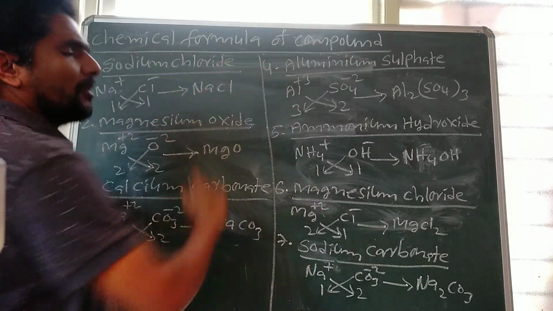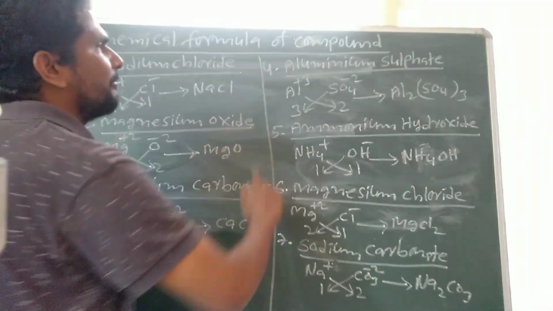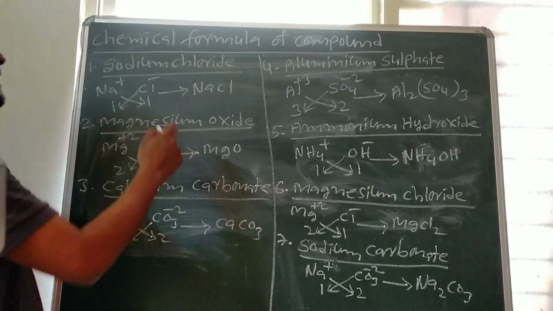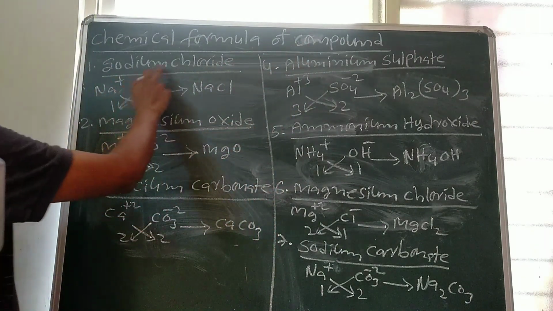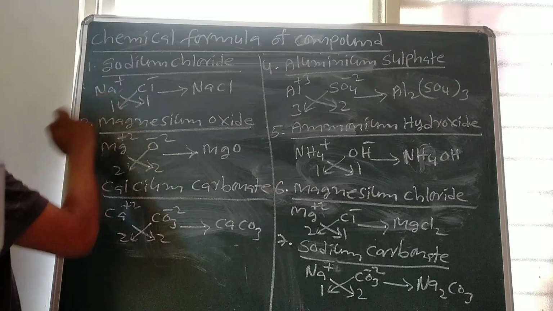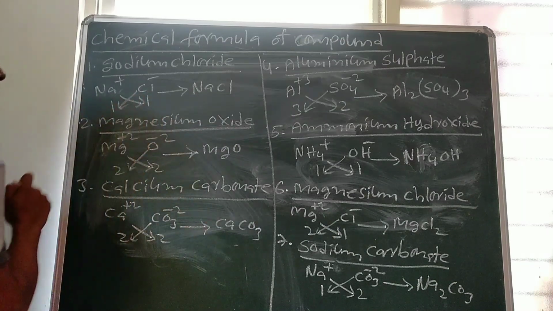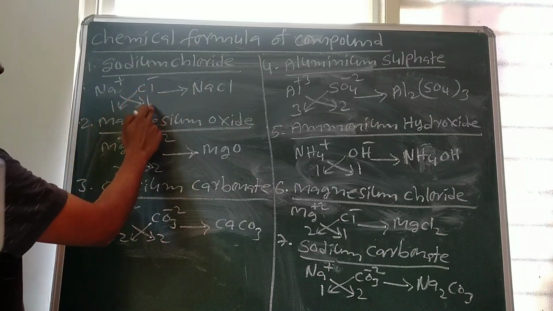Chemical formula of a compound. A compound is formed by the combination of a number of atoms, so we write the chemical formula of the compound. For example, formation of sodium chloride. Sodium chloride consists of sodium radical and chloride radical. Charge on sodium is 1, charge on chloride is 1.